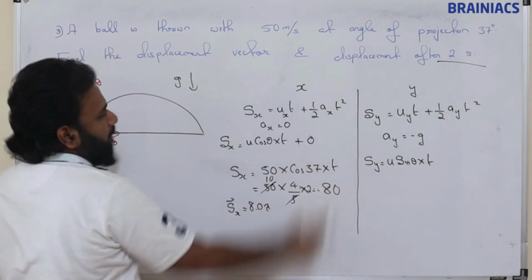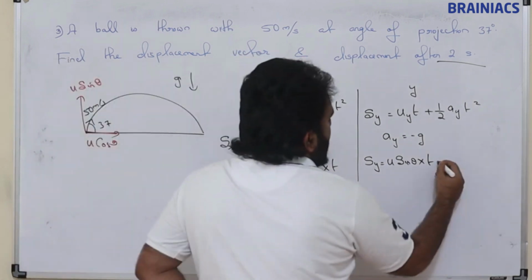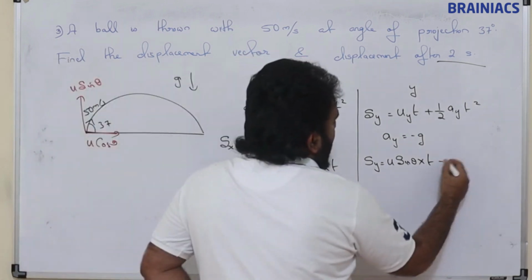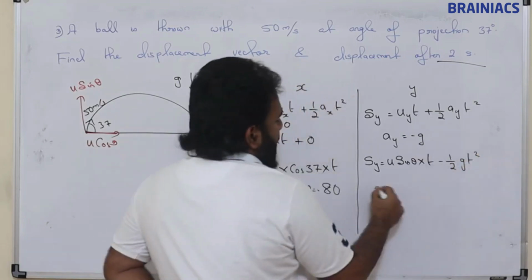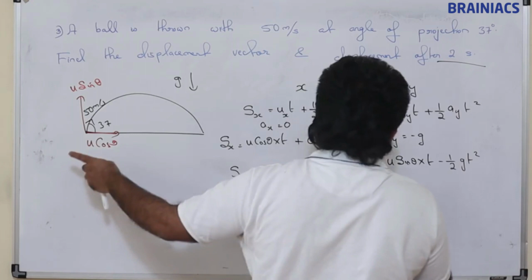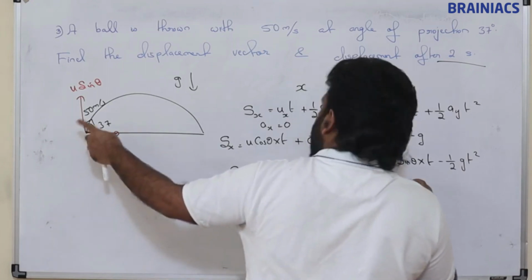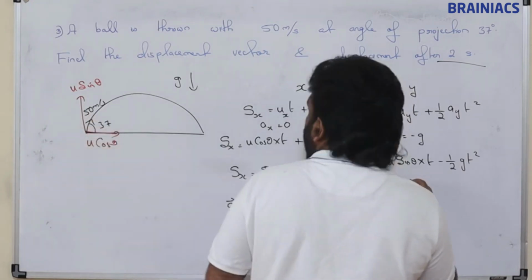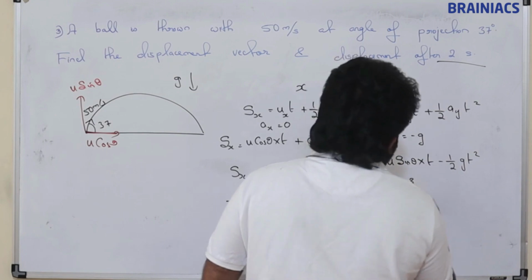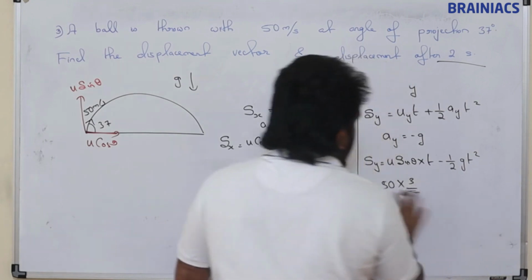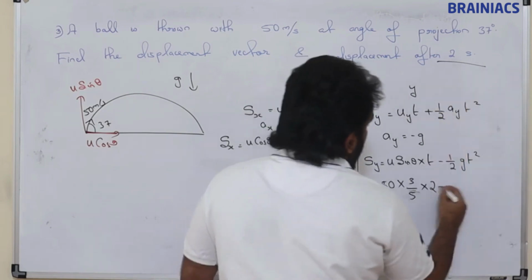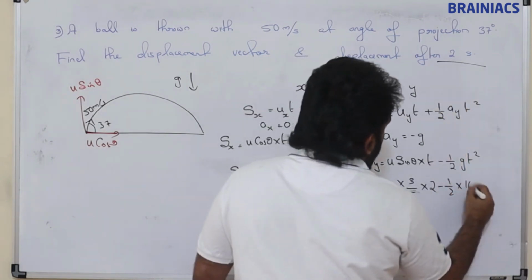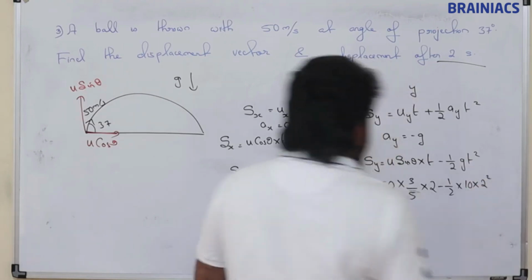I missed a term here. This is going to be u sin theta into t minus half g t square. So u is 50 into sin 37, and sin 37 is 3 by 5, into time 2, minus half into 10 into 2 square.